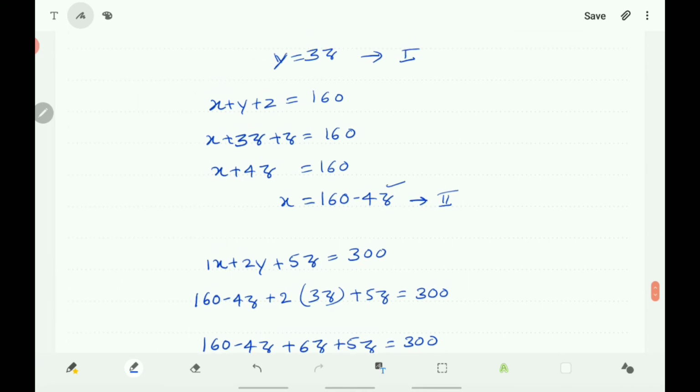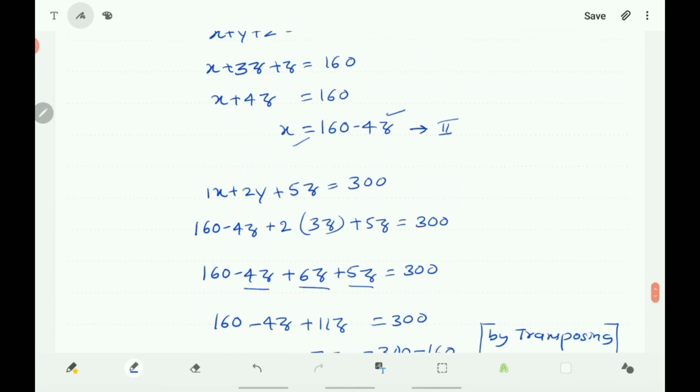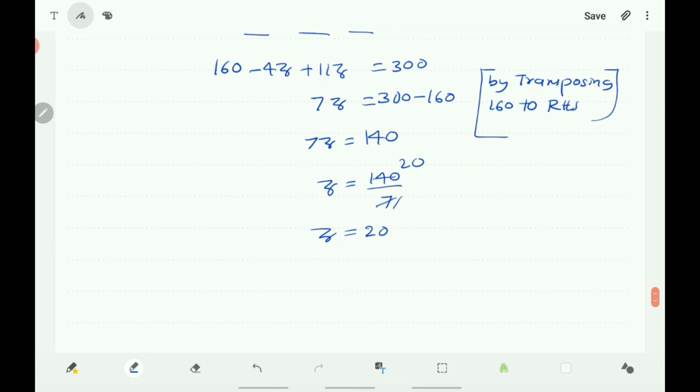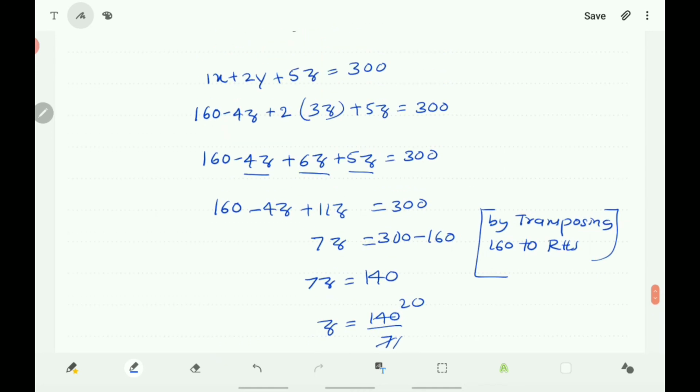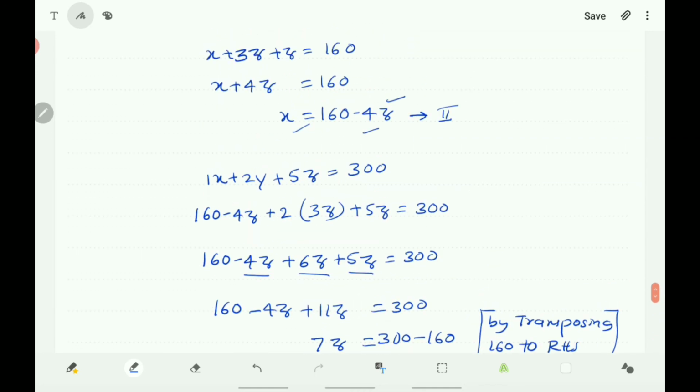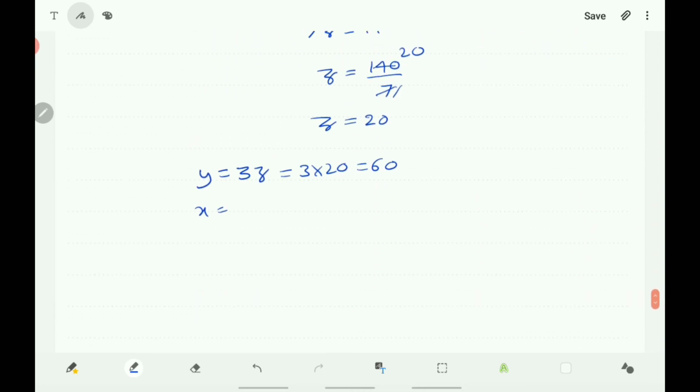If you got z, you will get y and x here. So you write y equals 3z, that is 3 into 20 equals 60, and x equals 160 minus 4z.